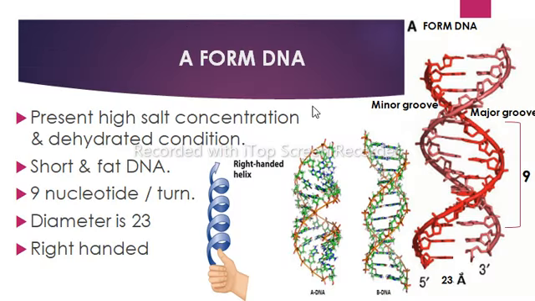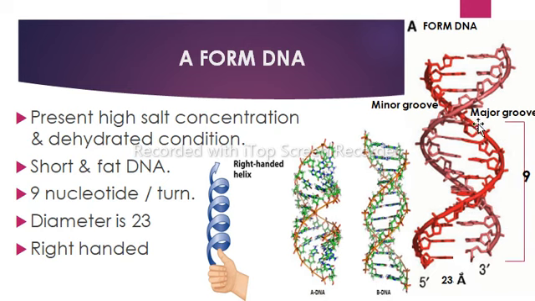A form of DNA. A form of DNA is natural DNA and is present under high salt concentration and dehydrated conditions. This A form of DNA is short and fat as compared to B form DNA.